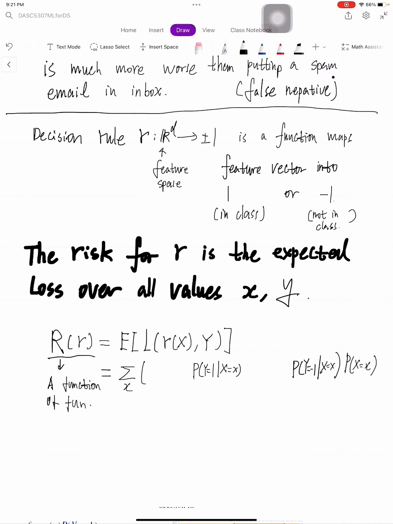X equal to x, okay? And multiply by the loss function. Here y can only be 2 values, right?